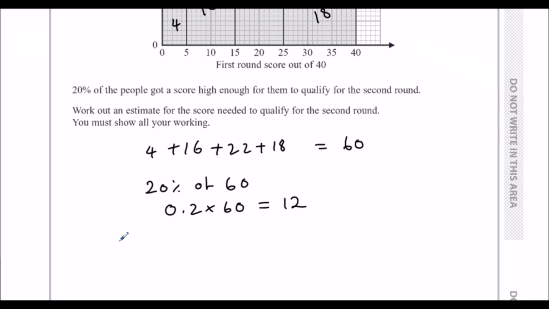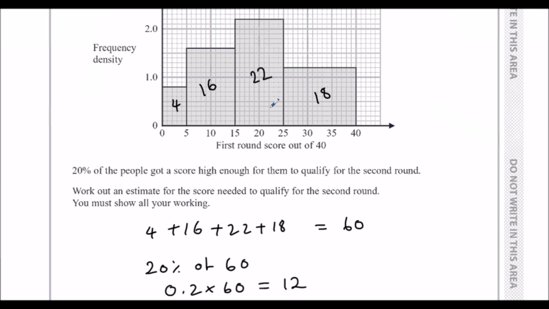So 12 over 18 is equal to 2/3. So I want 2/3 of this group. So if I split it into 3 parts, so straight down, and I want 2 of those 3 parts. So each 5 is 1 part. So I want 2 of them. So I can say there's 6 on this side and 12 on this side.